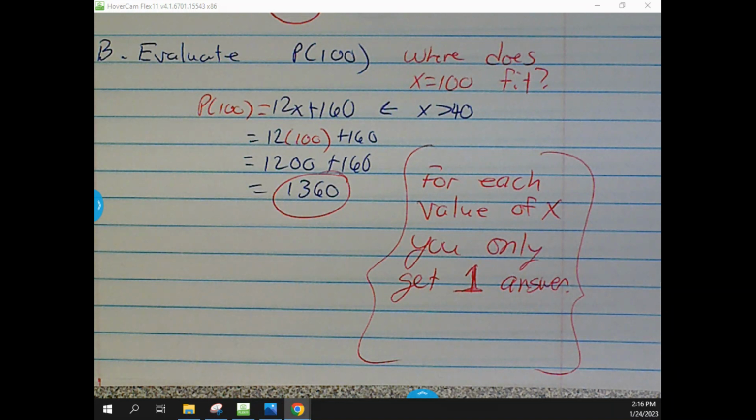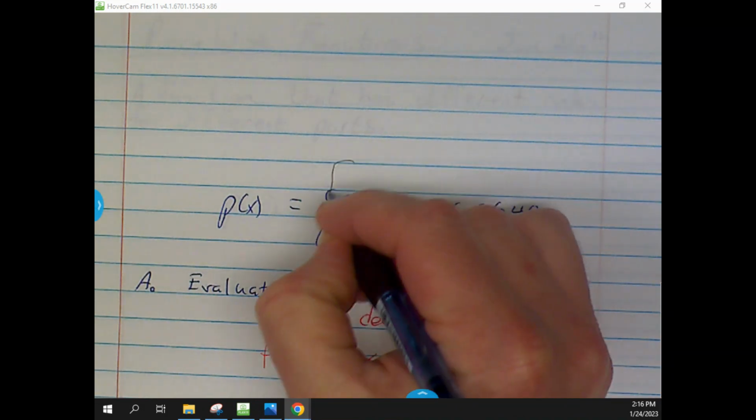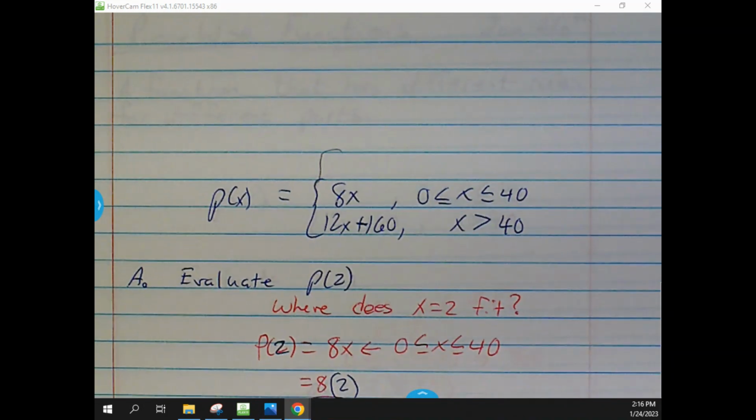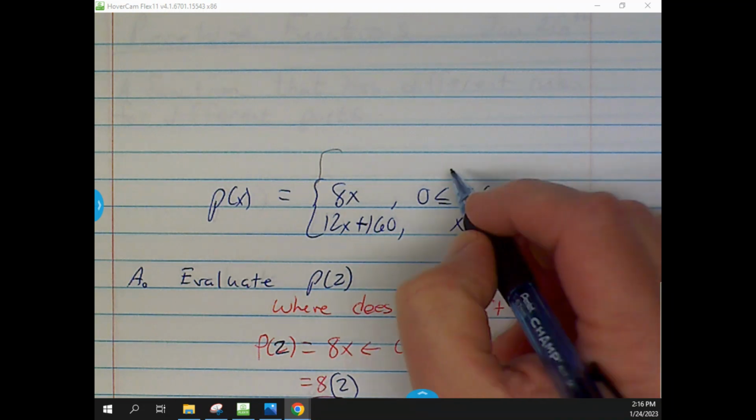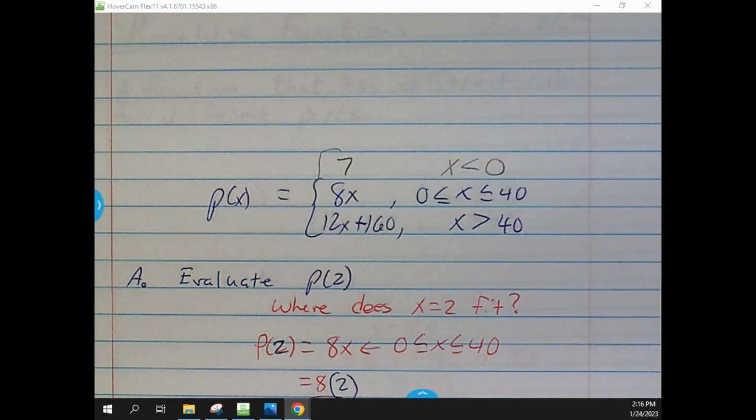All right. And let's say you had something back here in the beginning on this one, that instead of having two pieces, it had three pieces. So we had a function that looked like that. You have another range where maybe x would be less than 0, and this was like 7.